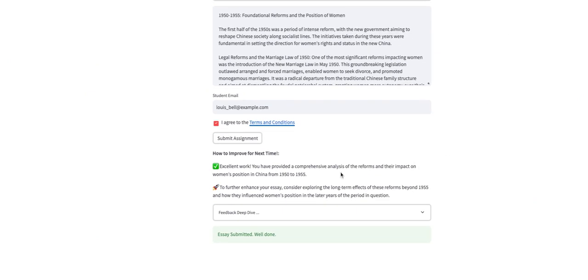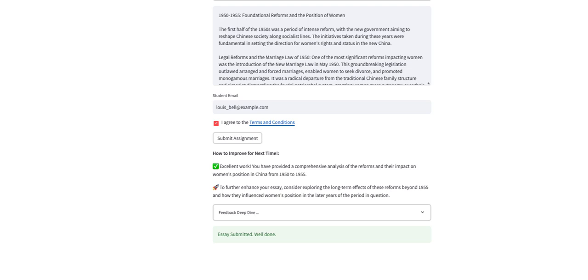What we've tried to do here is ensure that students get really, really specific feedback that is kind, but is also actionable. Okay, so excellent work. You provided comprehensive analysis from 1950 to 1955. But you should look at the effects beyond 1955 and how they influence women's position that you alluded to within the period in question.